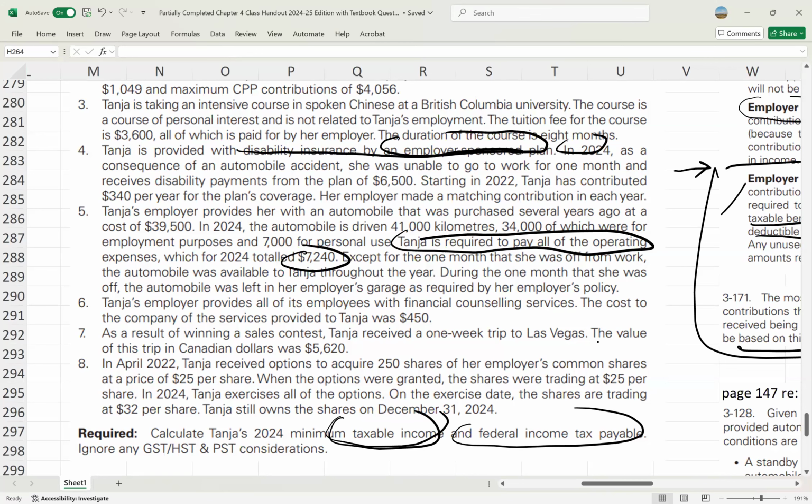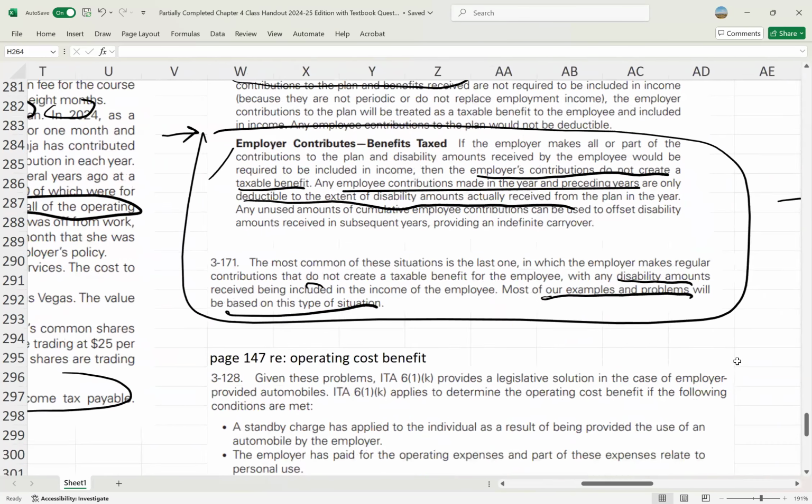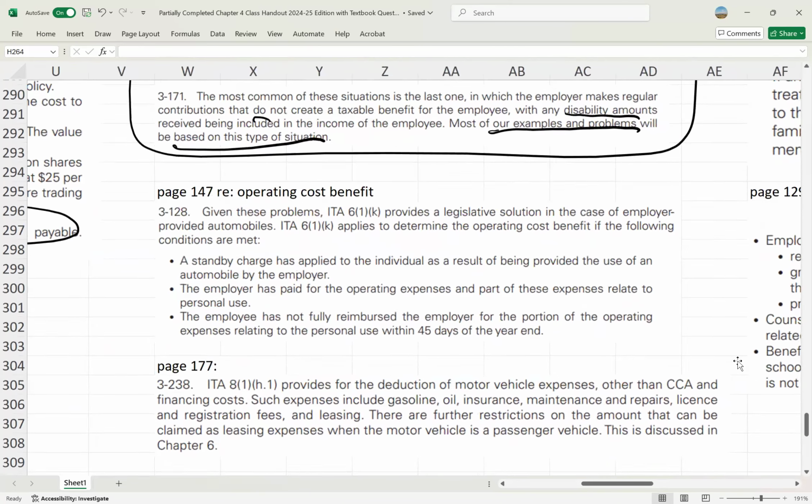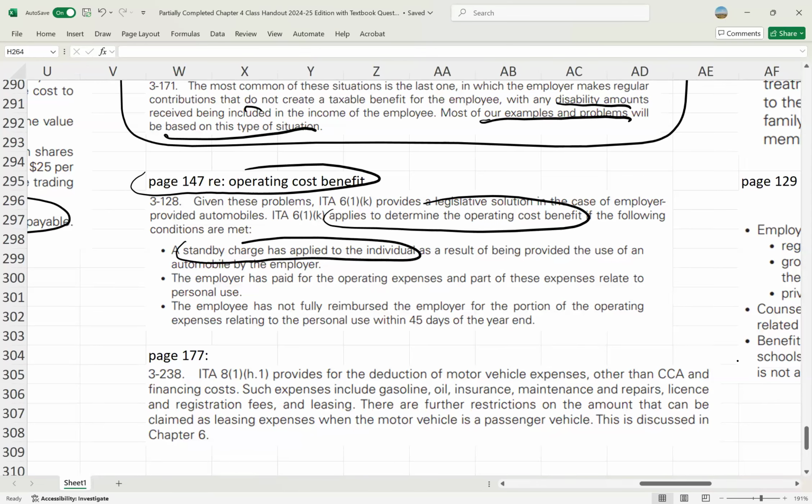So in the textbook, I've made some notes right down here from the textbook, page 147, operating cost benefit. The operating cost benefit applies if the following conditions are met. A standby charge has been applied to the individual. So in Tanya's case, yes, we had to apply the standby charge.